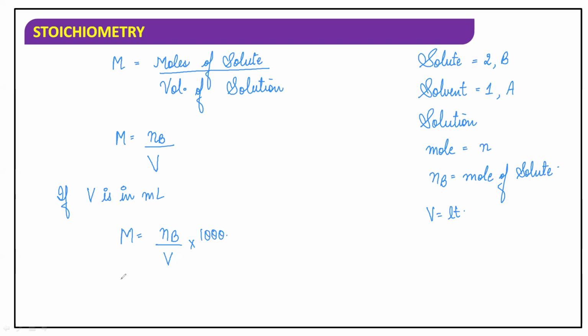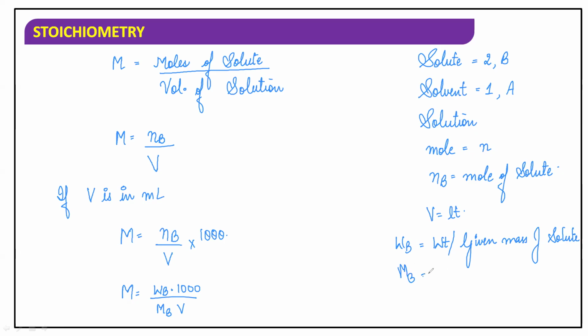Okay. The next thing is I'm opening the formula of moles, that is given mass of solute upon molar mass of solute into volume into 1000. So what is my WB? That is weight, or you can say that is given mass of, B stands for solute. And what is MB?